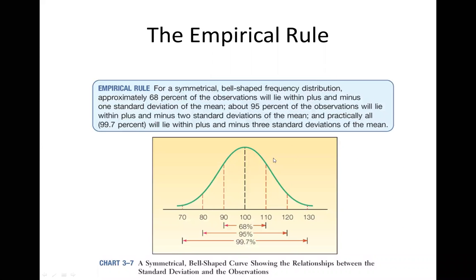The empirical rule I covered already, so for the empirical rule you just have that graph. We have the value of mu, then mu minus sigma and mu plus sigma, and then a second range, mu minus 2 sigma and mu plus 2 sigma.